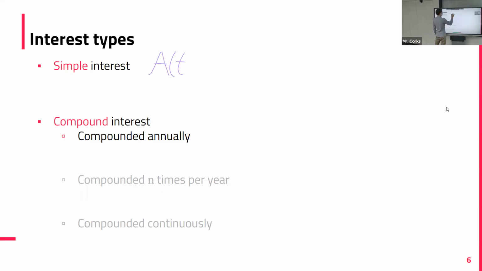A_T equals P times 1 plus I times T. All right, what is A_T? T is time. What is A_T? Final value. So the final value after T years.